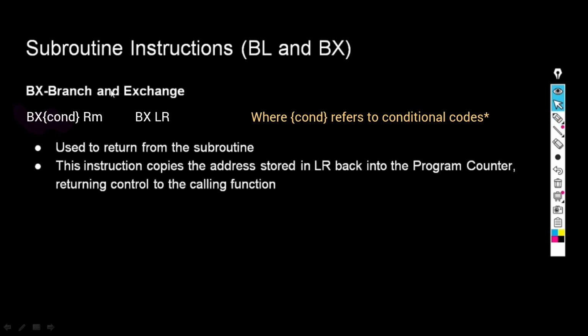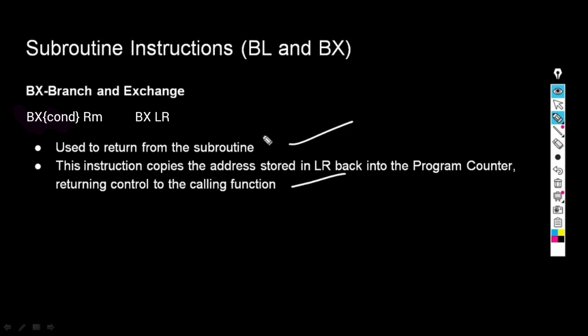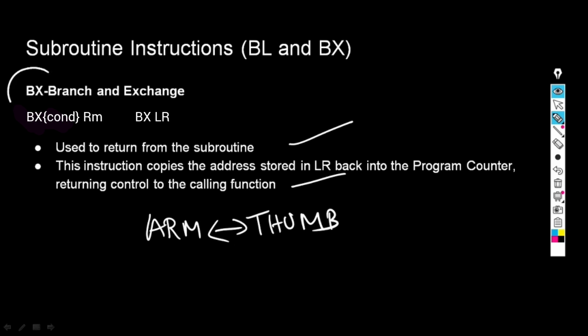In branch and exchange, this is used to return from a subroutine. The instruction copies the address stored in LR back into the program counter, returning the control to the calling function. Along with this, ARM, thumb switching happens due to this instruction when it checks the LSB of LR.